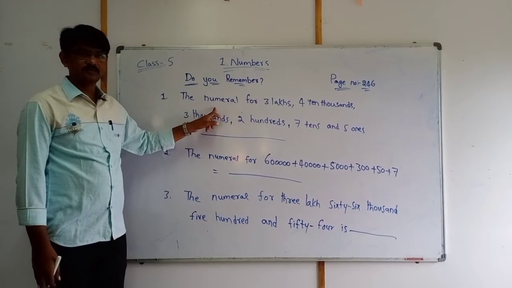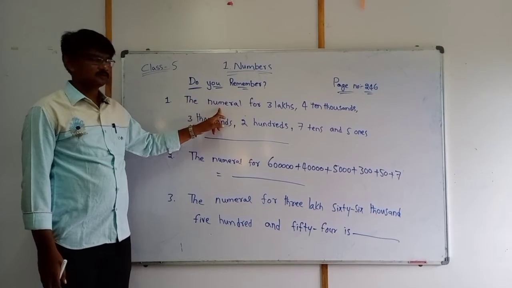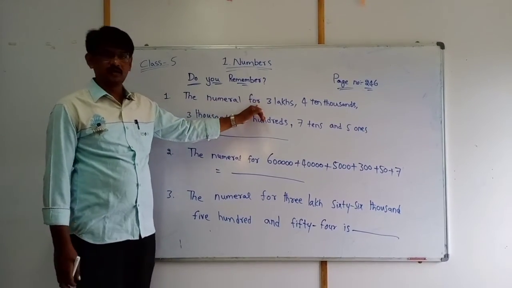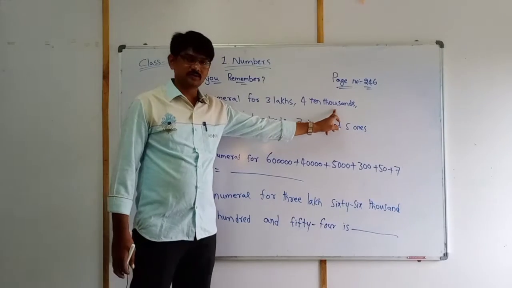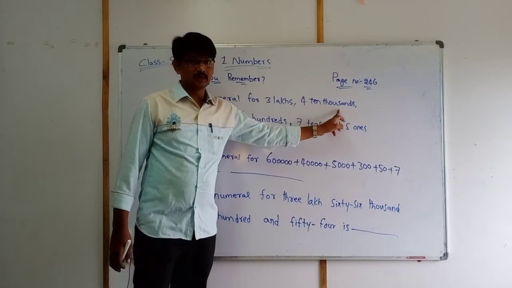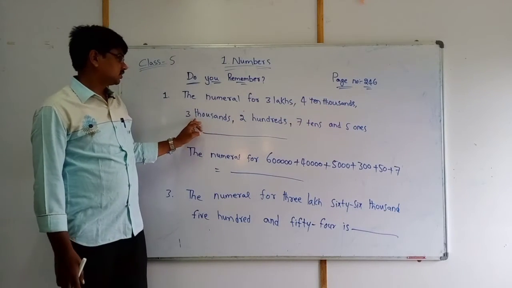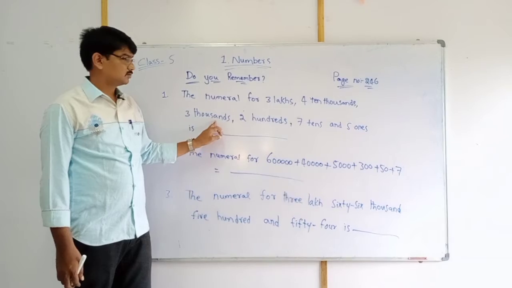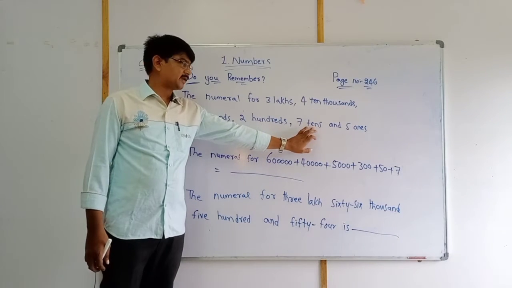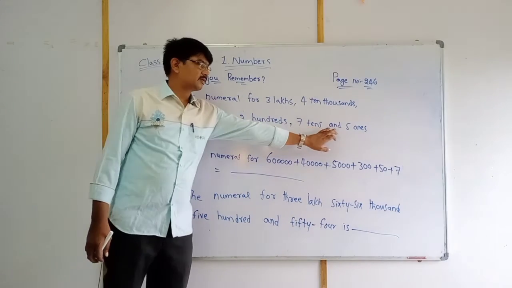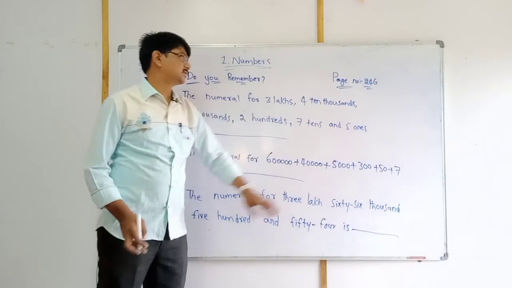We need to write the numeral. The numeral for 3 lakhs, 4 ten thousands, 3 thousands, 2 hundreds, 7 tens and 5 ones.